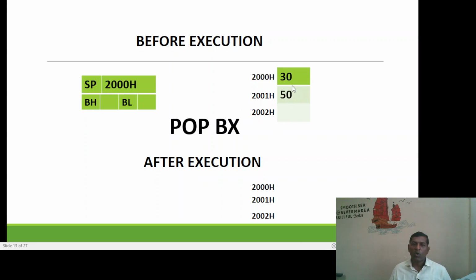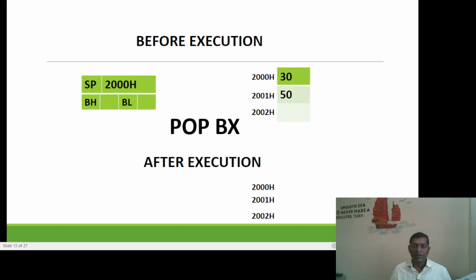The stack is holding the contents 30 and 50 at the locations 2000H and 2001H. POP BX will copy the contents from the stack to BH and BL, since BH and BL are empty and the stack pointer is pointing to 2000H.